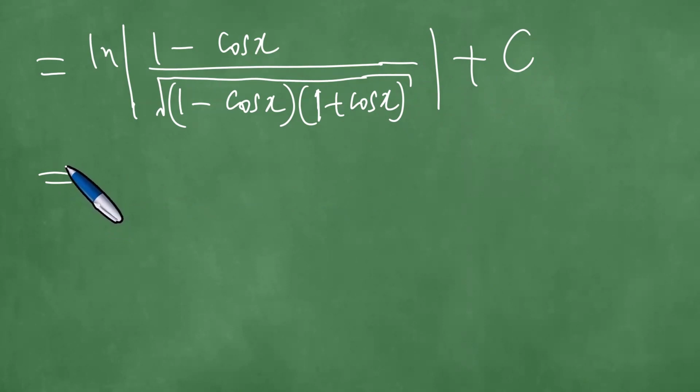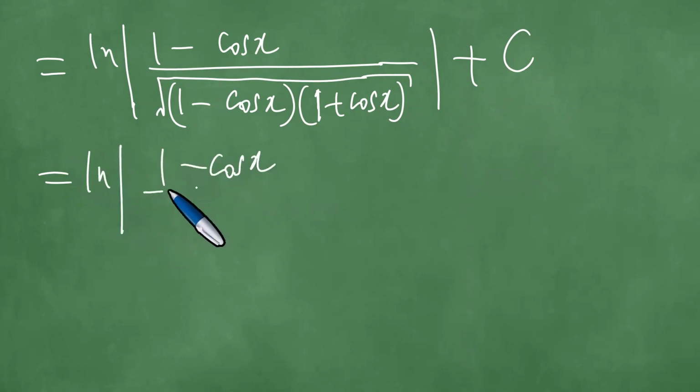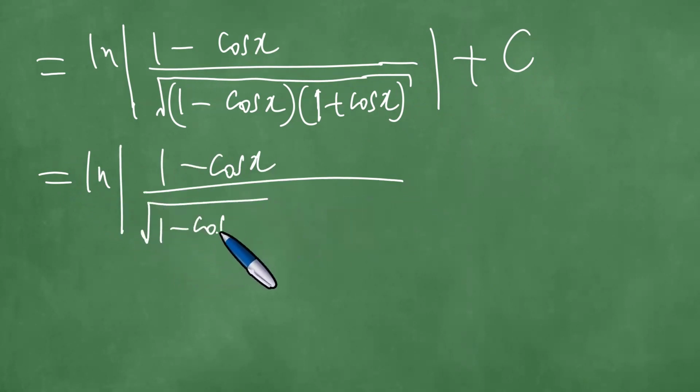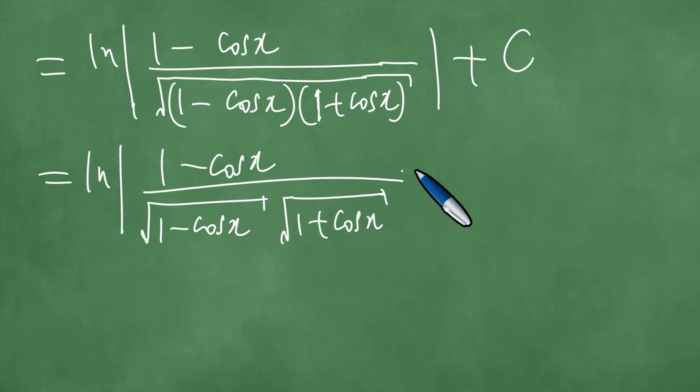And so what is this? So this is the natural log of 1 minus cosine x divided by, okay, you have here 1 minus cosine x, here you have 1 plus cosine x, plus c.